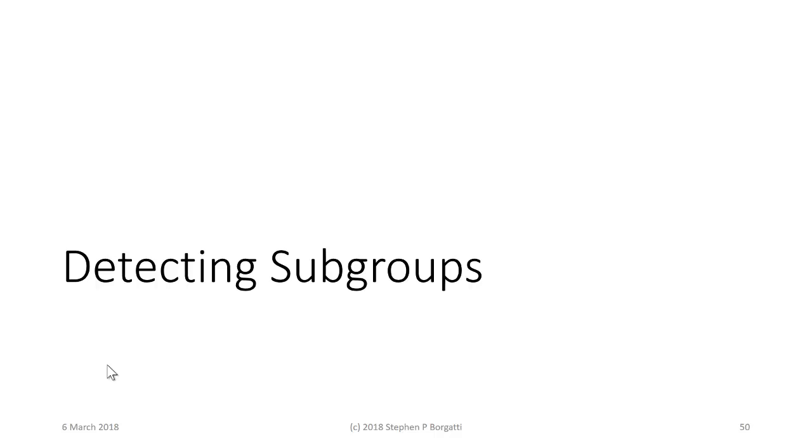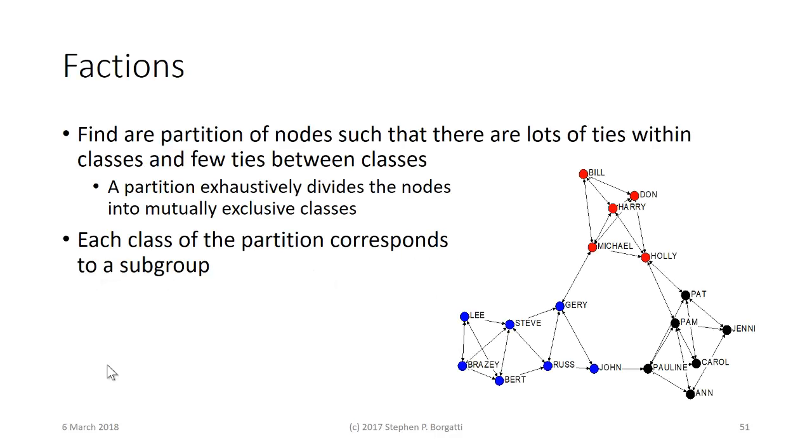Now we switch gears and we talk about finding subgroups in data. And the first method that I'm going to show you is what's called factions. And factions is basically extremely simple-minded.